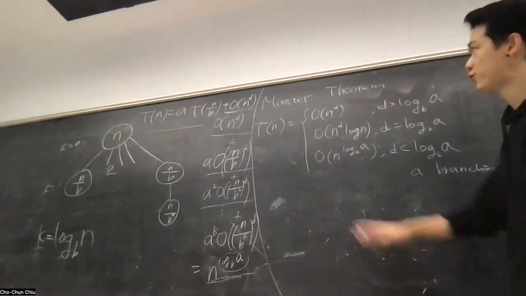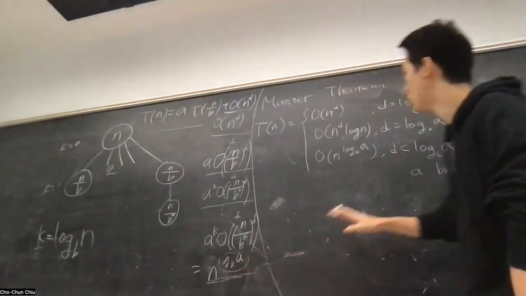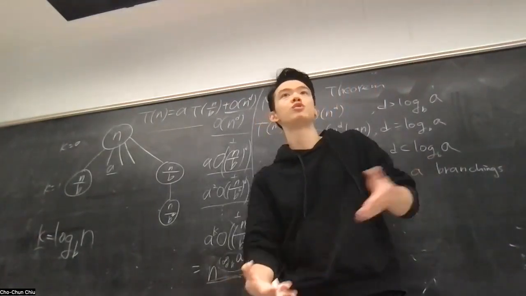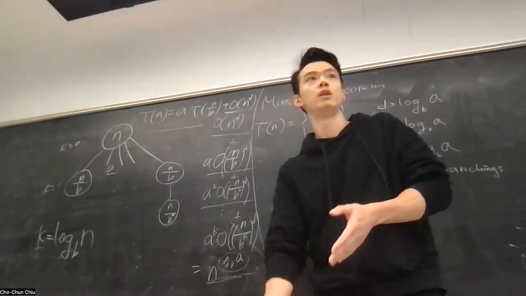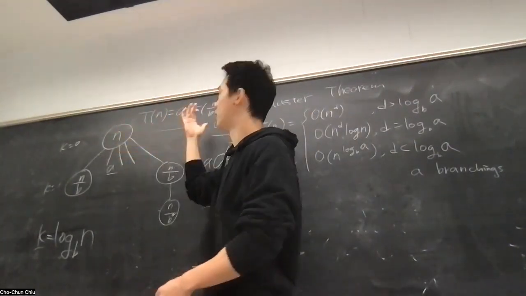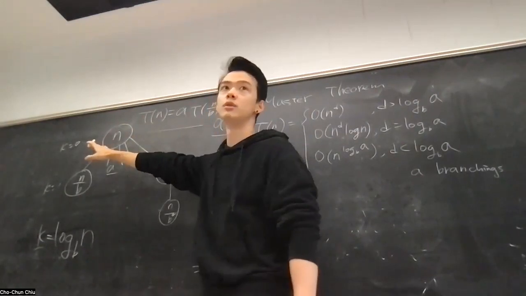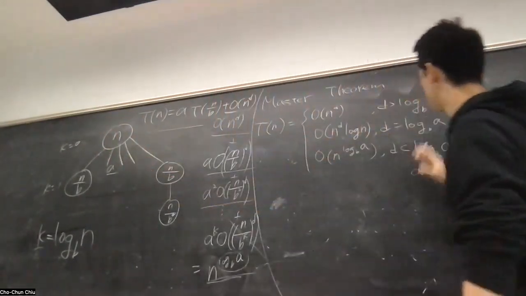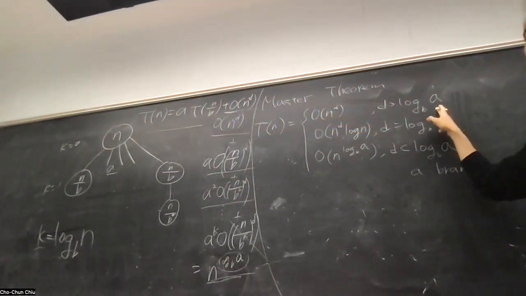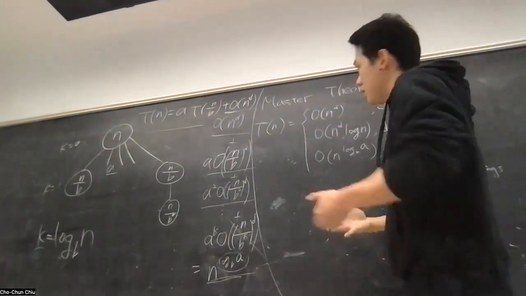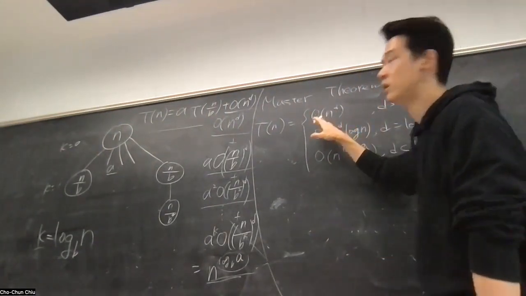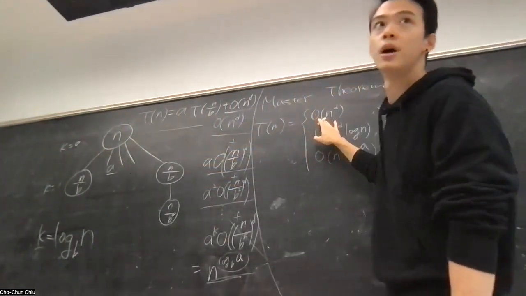If D is larger than this one, which means that the problem is getting smaller over layers, and then eventually you don't really care about the subproblems, right? You just need to care about how to solve the original problem, original input. So that's going to be this case, right? If D is going to be larger than this, which means that the subproblem is smaller over time. So the time complexity is going to be this.